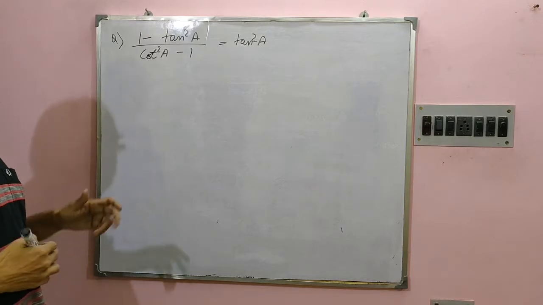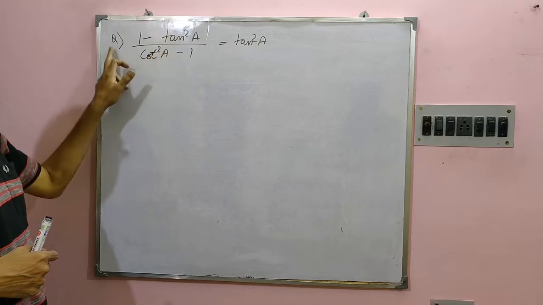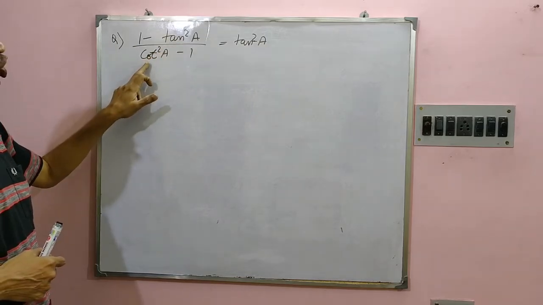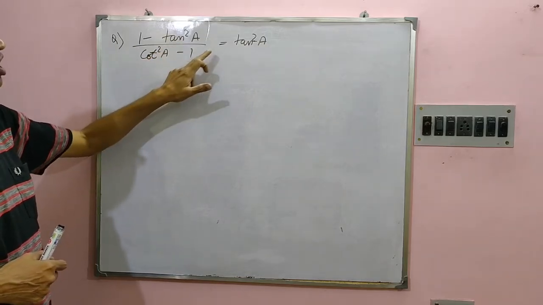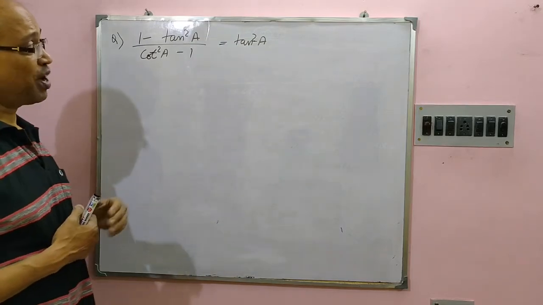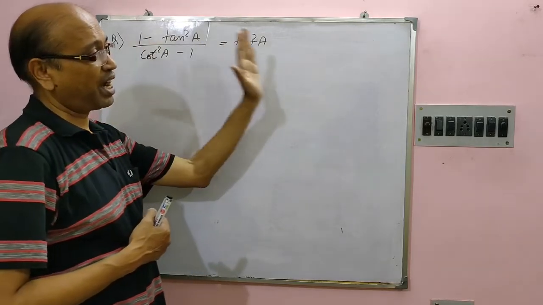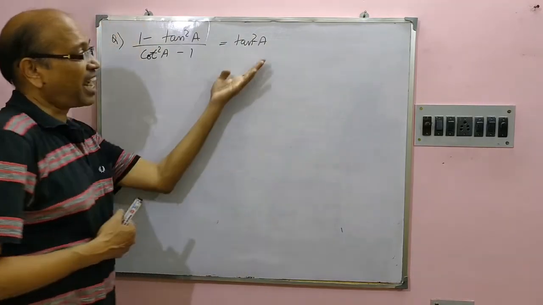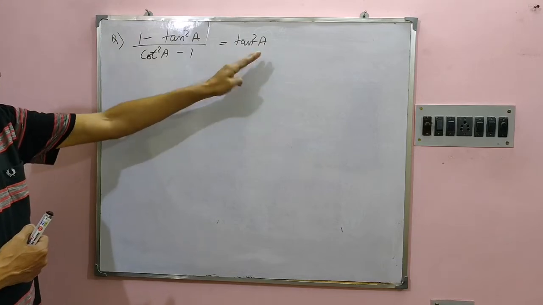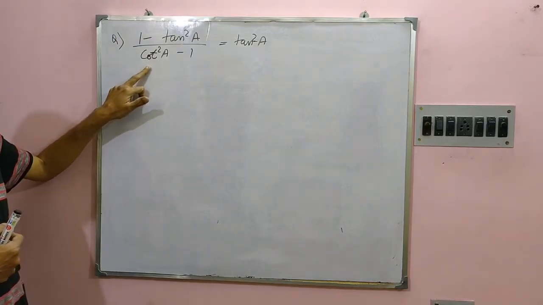The next question, 1 minus tan square A whole divided by cot square A minus 1 is equal to tan square A. I again said, when we do such identities, we always have to keep in mind the right hand side. In the right hand side, we can see there is only tan, but here on the left hand side there is cot.